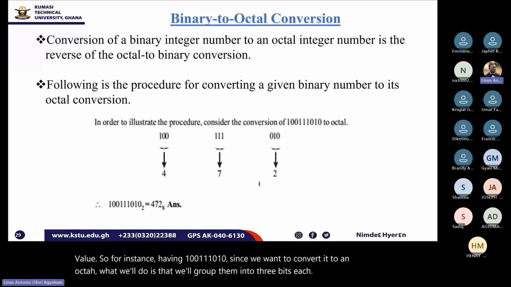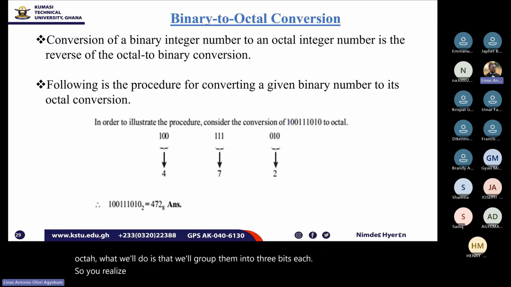The first 100 is grouped here, the next is also grouped here, and then this next set of 3 bits is also grouped here.